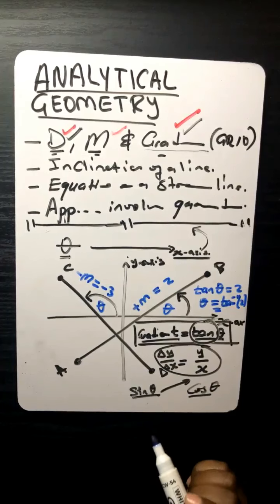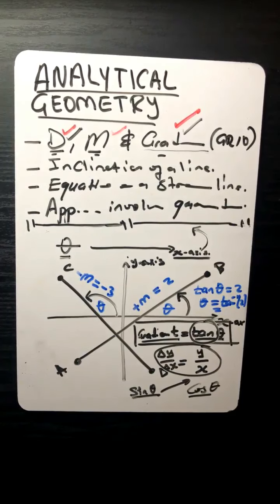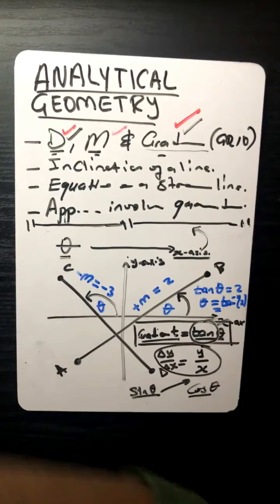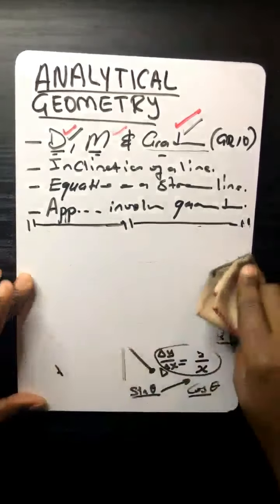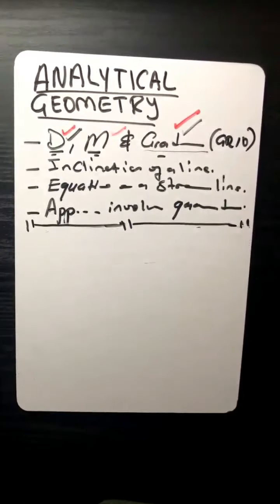That is what I want to quickly explain to you guys. Let me try to use a different marker, or let me just remove all of these and explain it so that it makes perfect sense.